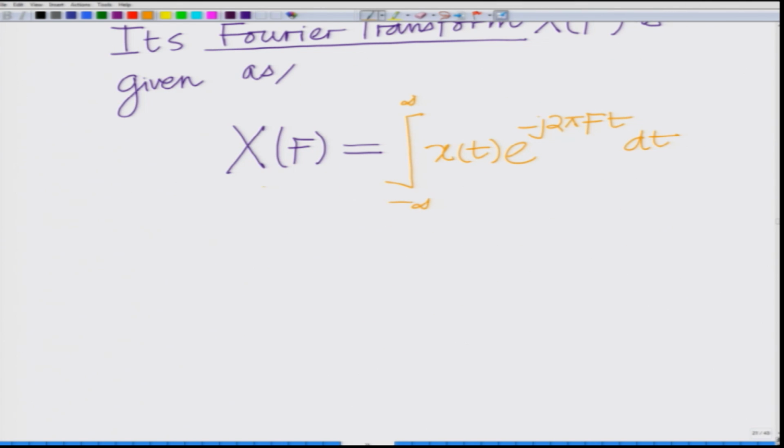Okay. So, this is the signal and this is the Fourier transform. f is the frequency.